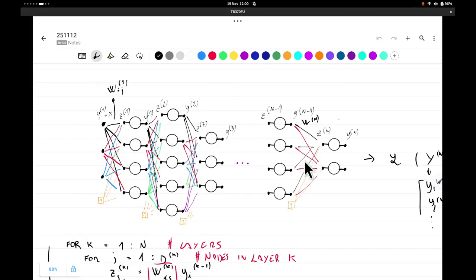And this process is repeated. For the notation, I will always use z for the outcome of the affine transformation and y for the outcome of the nonlinear activation.